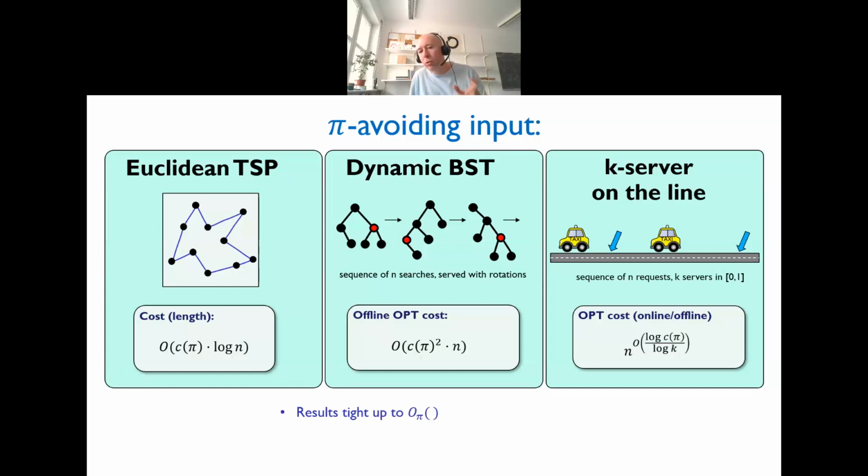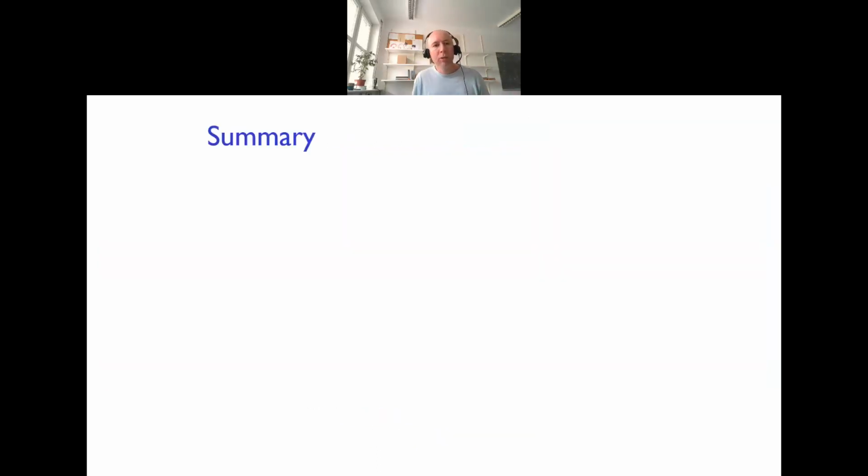And the results are essentially tight up to the dependence on the pattern pi. So in some cases we can say something more about it, but in general the dependence on n and k is tight. And for special classes of patterns we can prove stronger bounds.